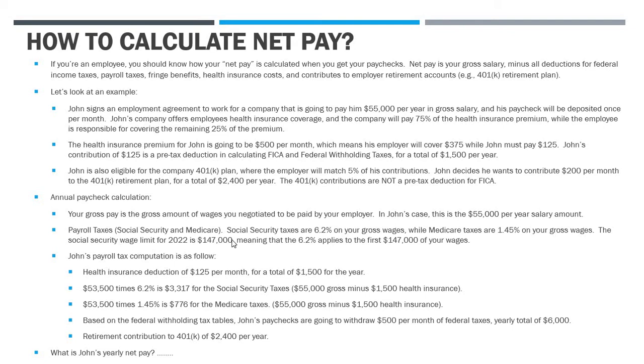Now, payroll taxes, let's talk about those. Payroll taxes comprise two components. We have Social Security and we have Medicare. Social Security is 6.2% on the gross wages that are subject to payroll tax, while Medicare is 1.45%. The Social Security wage limit for 2022 is $147,000.